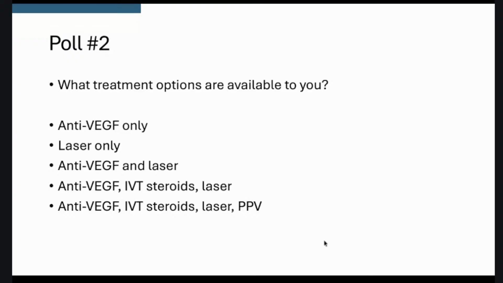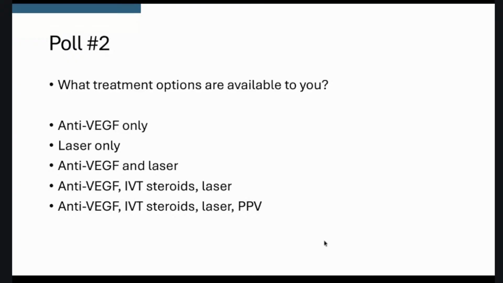Okay, so there's a bit of a spread. About a third of people have anti-VEGF, steroids, laser, the whole toolbox. Some people don't have access to PPV, and I hope they are able to refer to somewhere where patients can get a PPV.